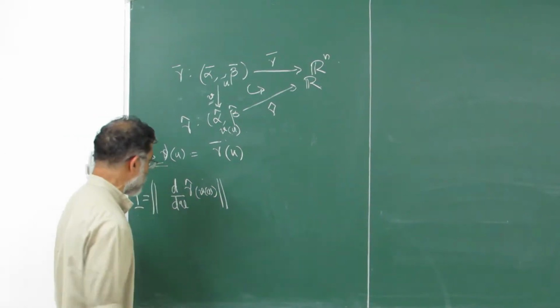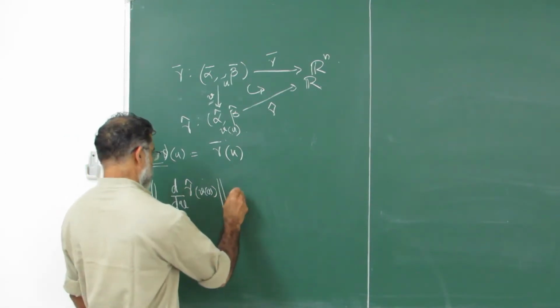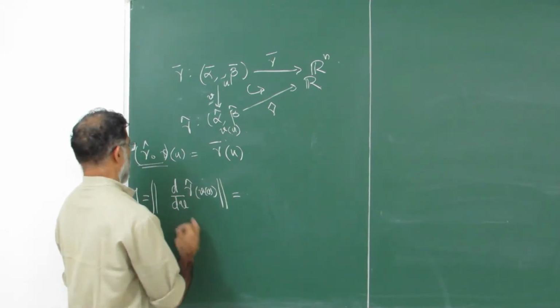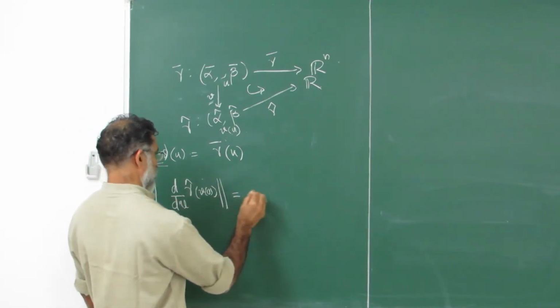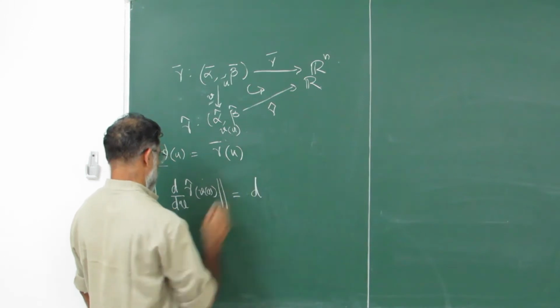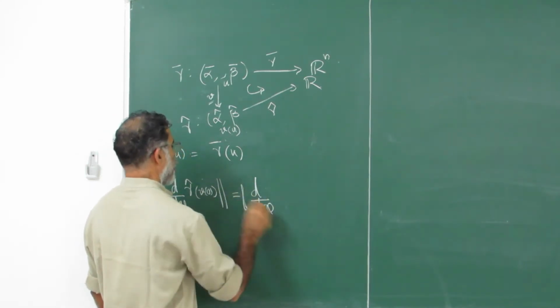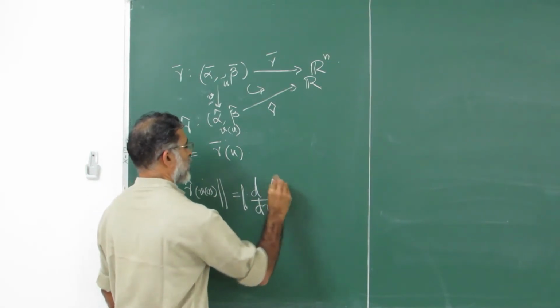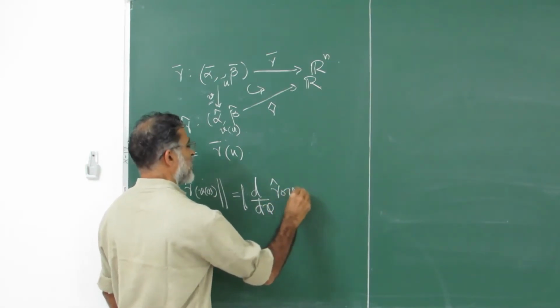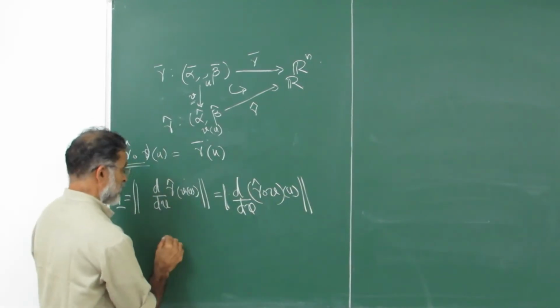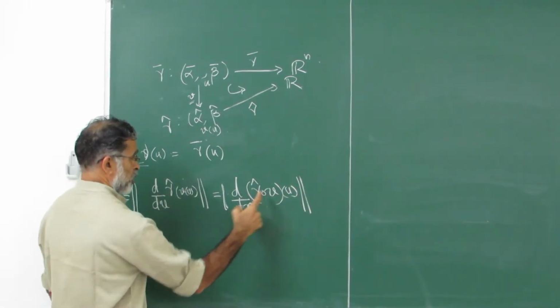This is going to be 1, and this is going to be d by dv of gamma hat composite v at u.